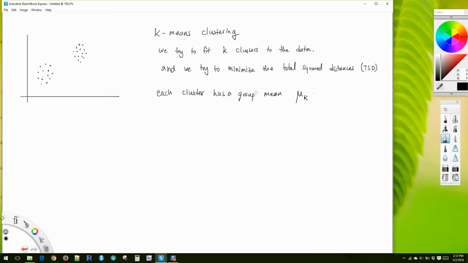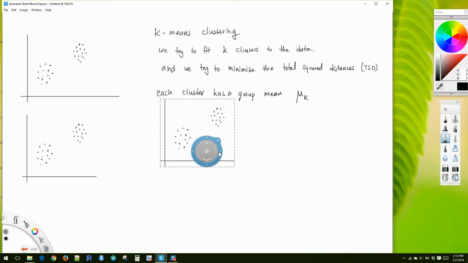So group 1 is going to have its own mean, and group 2 will have its own mean. And basically, I'm going to make a few copies of this so we can see how this would work.